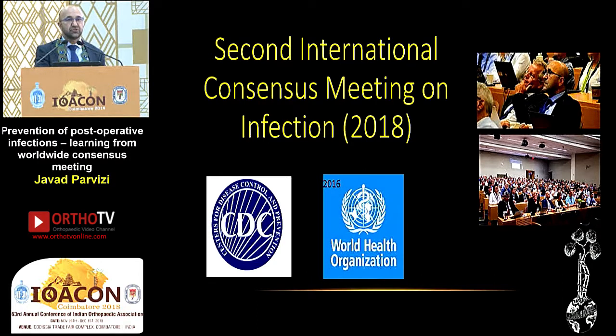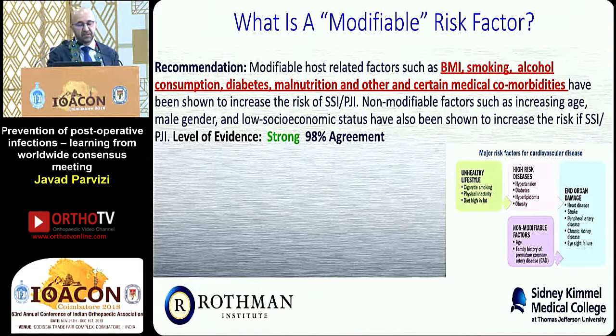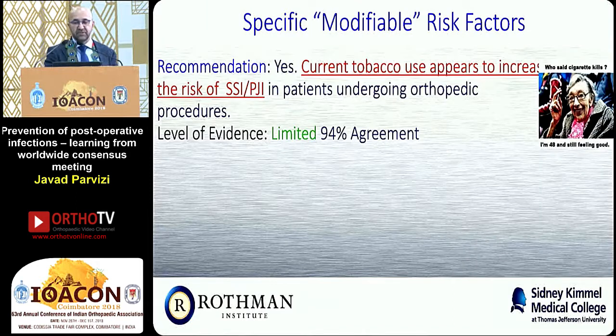And this year, in July of 2018, we had the second international consensus meeting on periprosthetic joint infection, which included trauma and multiple other specialties. In this particular question, what are the risk factors for periprosthetic joint infection and surgical site infection? High BMI, smoking, alcohol consumption, diabetes, malnutrition, and other medical comorbidities predispose patients to infection.